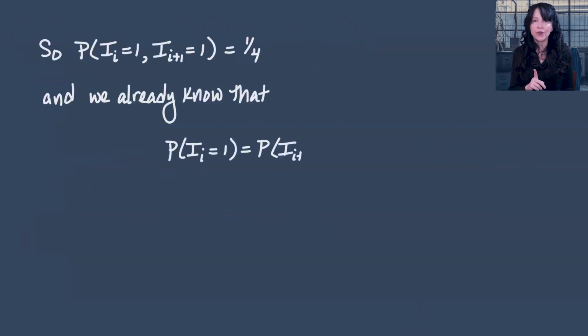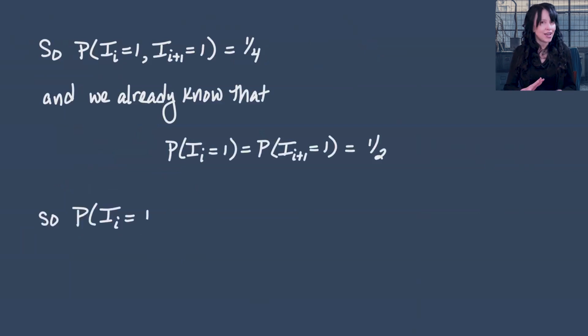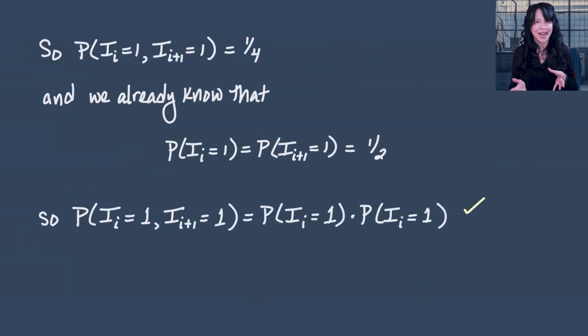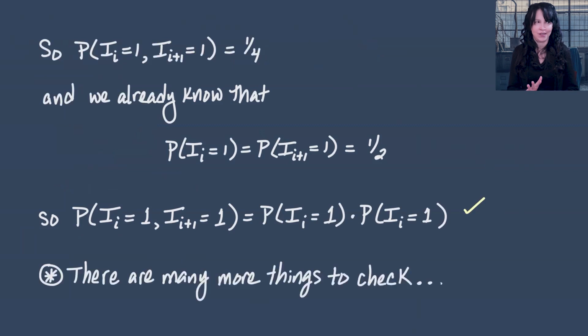And we already know that the probability that any individual indicator is 1 is 1/2. So we do, in fact, have 1/2 times 1/2 equals 1/4. So we have that this joint probability is the product of these 2 individual so-called marginal probabilities, which is good for independence. 1 out of 4 cases for 1 case of j being i plus 1.